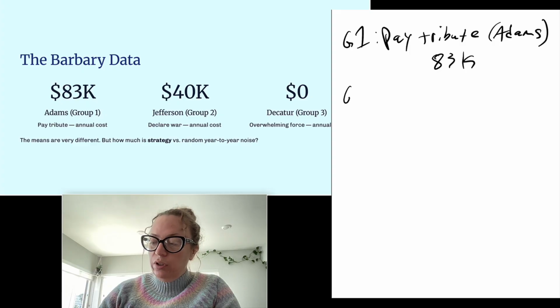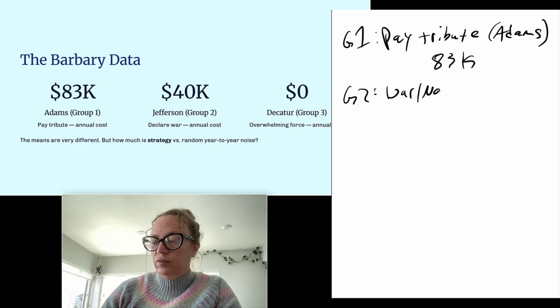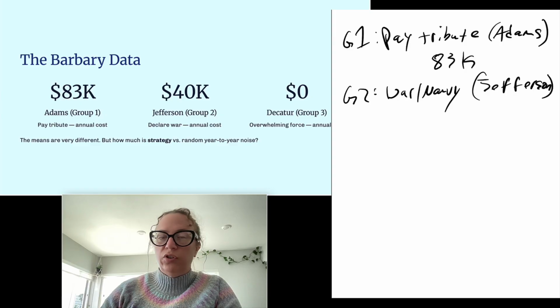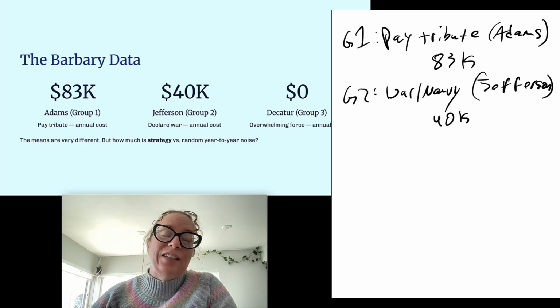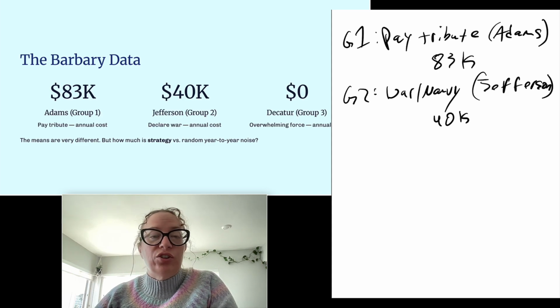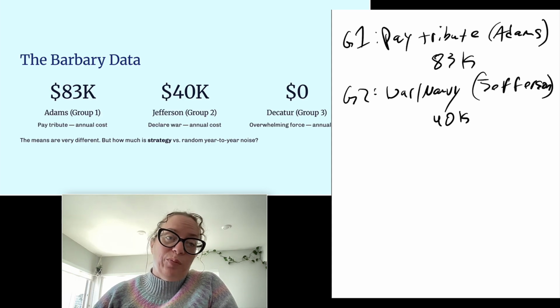Group 2 is declare war and use the Navy. That's the Jeffersonian approach, and the annual cost of that was $40,000 a year. Now remember, this is 1803-ish, so that was a lot of money back then.